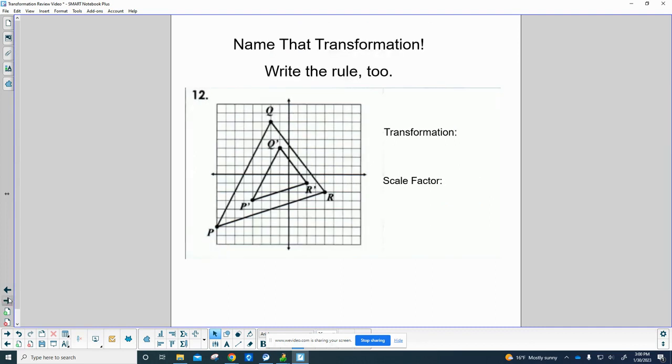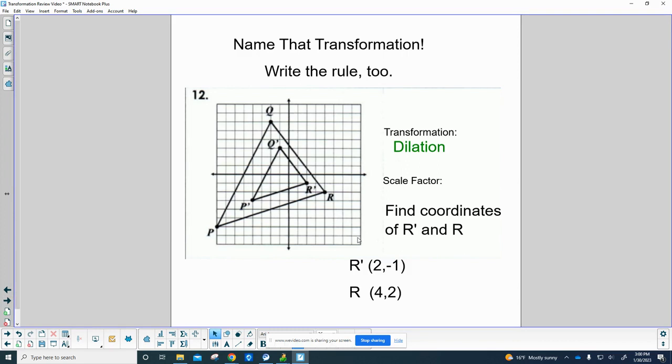Number 12, as you can see, we have the bigger image, and then the one with the little prime mark. So the pre-image is on the outside, and the image is on the inside. This transformation is called a dilation. In this case, we have to use any 2 of the coordinates of these points.